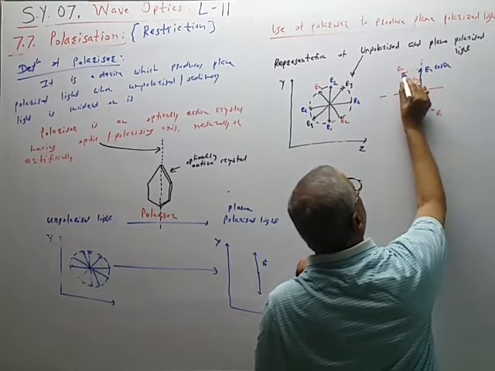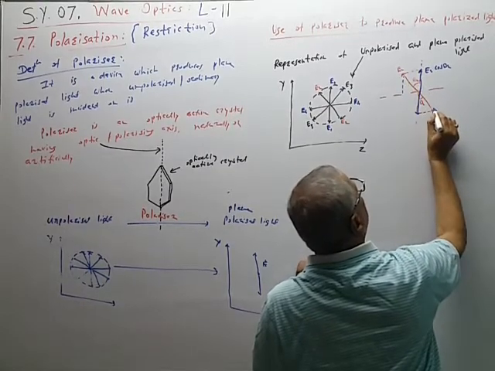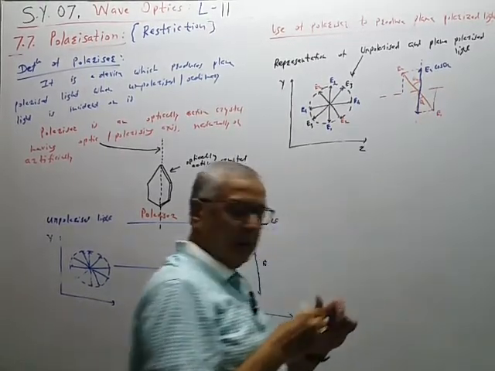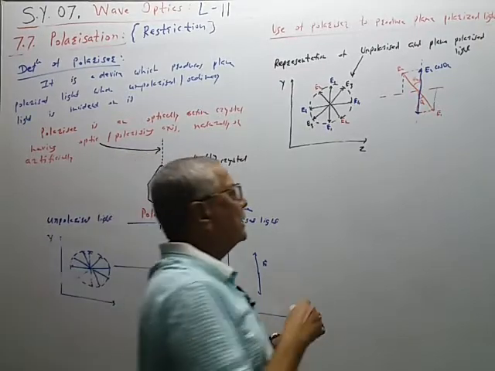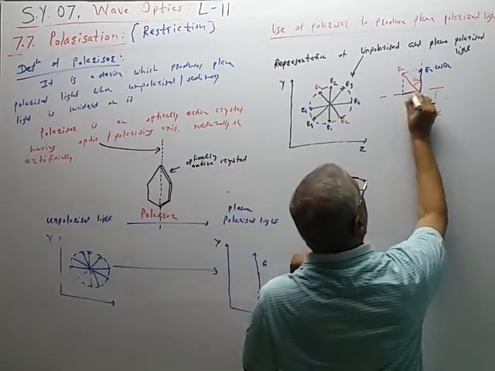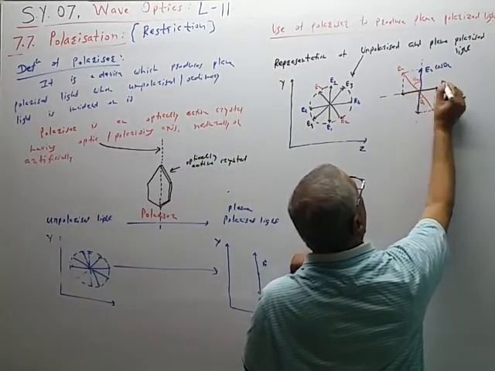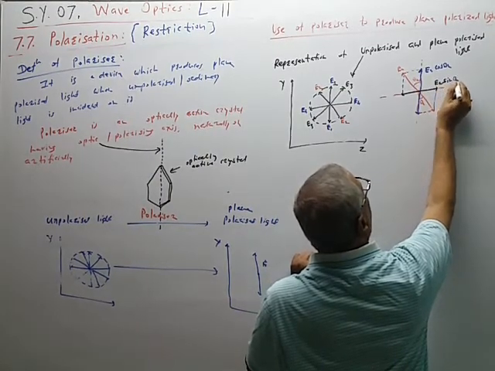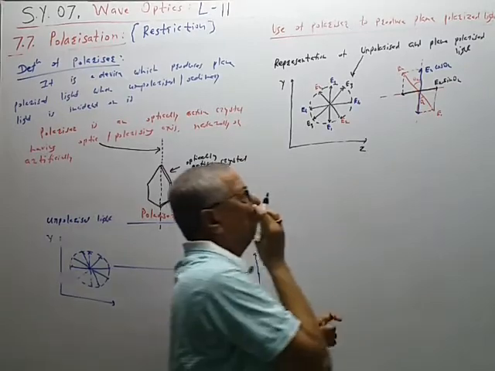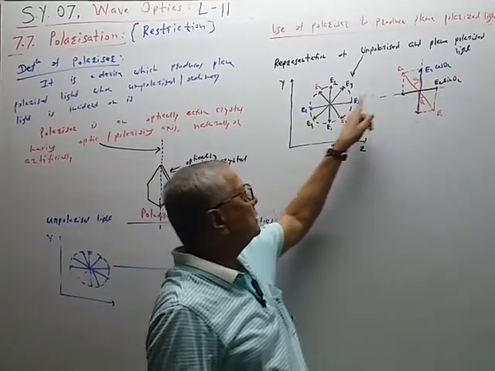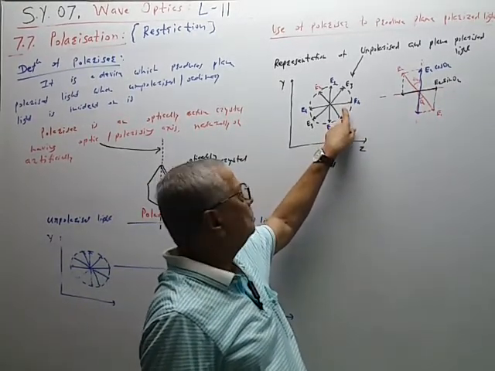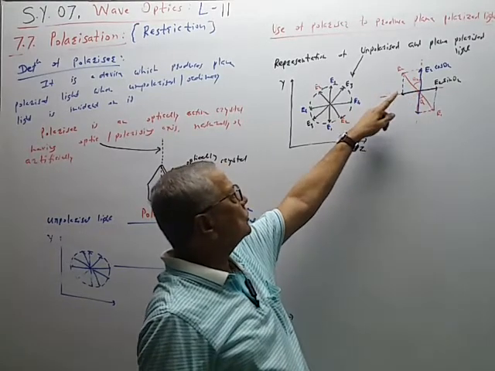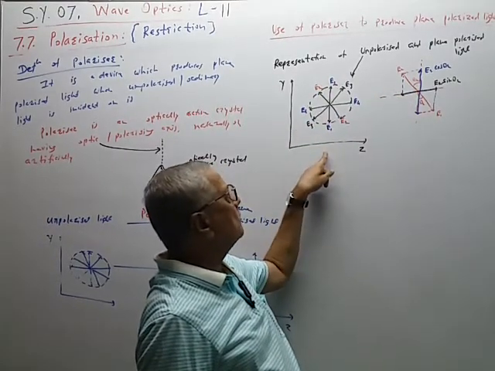And if we draw a perpendicular on this side, then this is E2 sin theta 2. So E2 sin theta 2 is in the direction of E4, and E2 cos theta 2 is in the direction of E1.